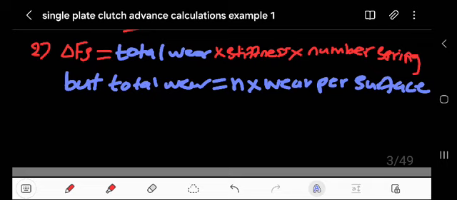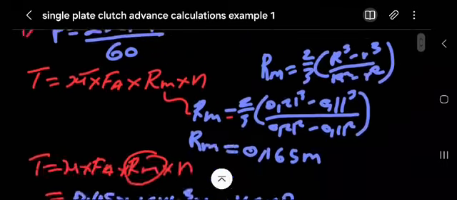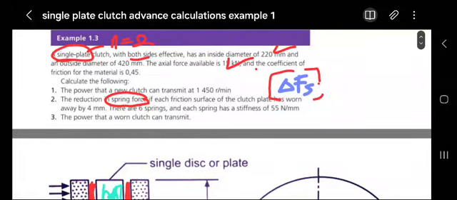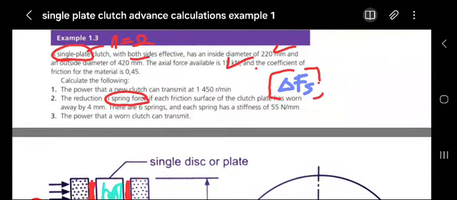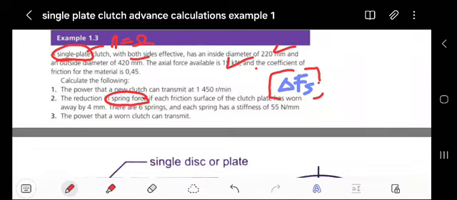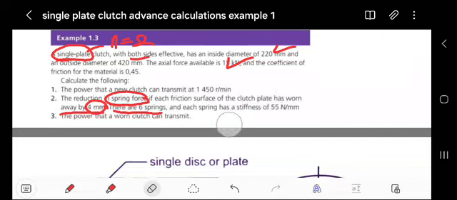So let us calculate. Let's check. Are we given that? Let's read. Say if the clutch is worn away by 4 millimeter, and there are 6 springs.